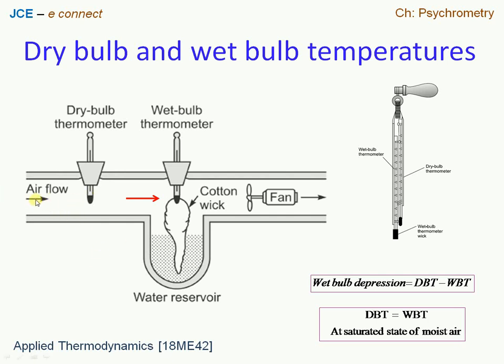In that case, as it flows over the dry bulb thermometer, it indicates the temperature, and as it flows over the wet bulb thermometer, it is not going to absorb any more heat because the air sample is completely saturated. Therefore the wet bulb thermometer and the dry bulb thermometer both indicate the same temperature. That is possible only when the air sample is completely saturated. In that case, the wet bulb temperature will be equal to the dry bulb temperature.